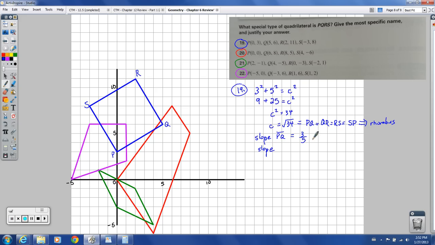The slope of SR, or RS, is also going to be 3 over 5. So this is a slope of RS as well. The slope of QR, though, going left to right, is down 5, right 3. That's a minus 5 over 3. That's going to be the same thing as the slope of SP, minus 5 over 3.